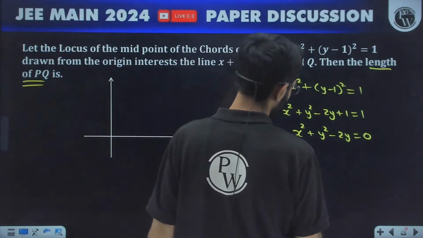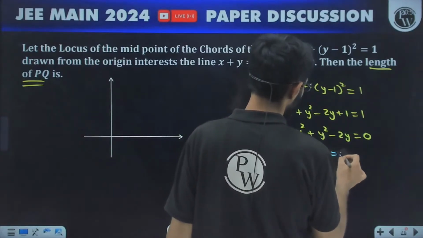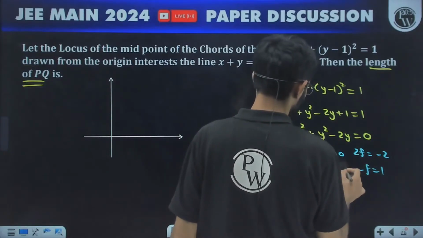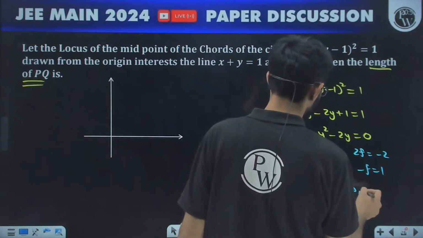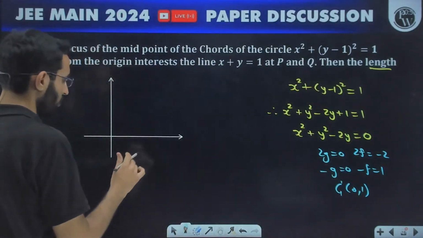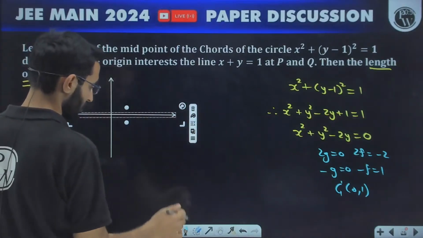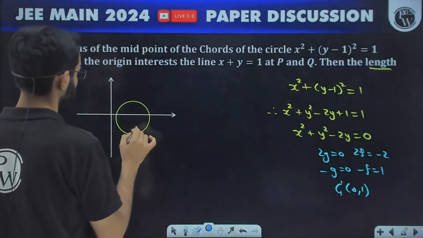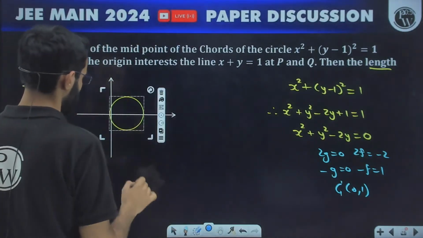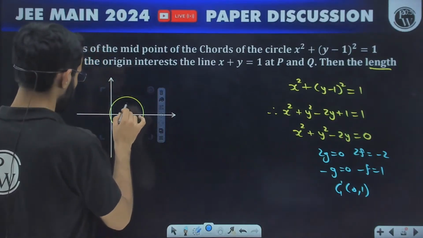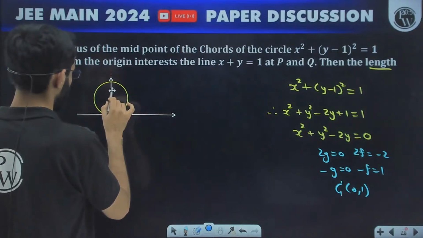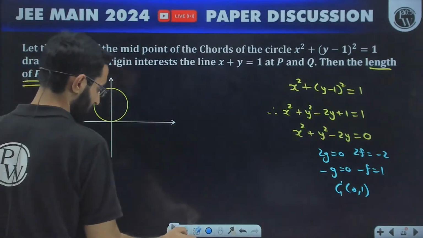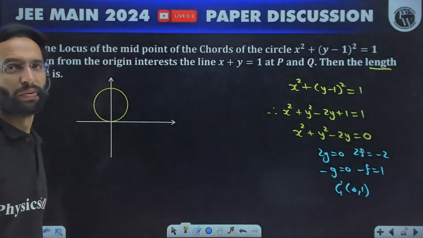If you find its center, 2g is 0 and 2f is minus 2, so minus f is 1. The center will become (0, 1). The center of the circle is lying on the y-axis.